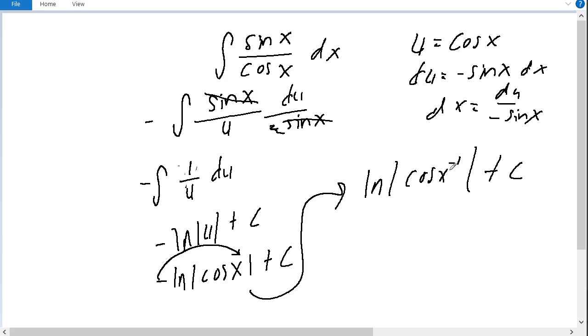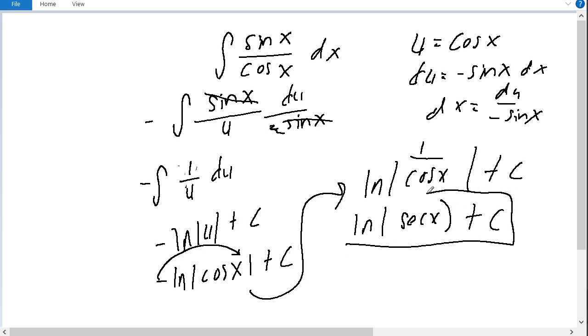And if you know, raising something to the negative first power is the same thing as saying 1 over that something, right? And 1 over cosine x, well, we actually have a trig function that represents this. And what's that? That's secant of x. Of course, our plus c. And this is our integral of tan of x.